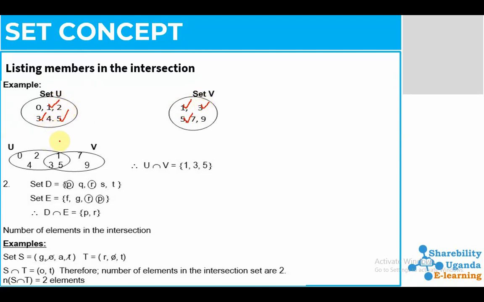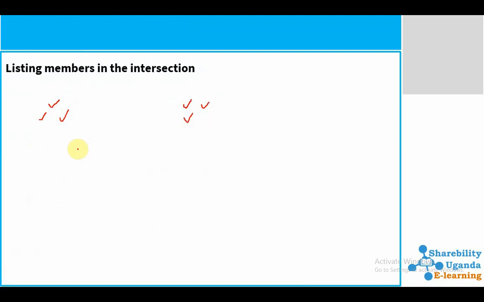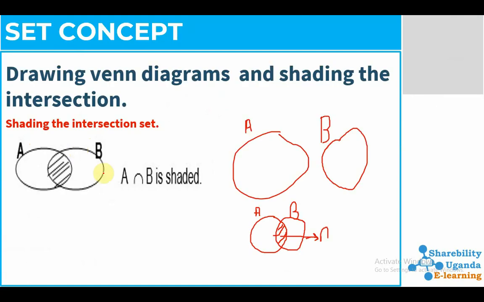So we shall be able to draw our Venn diagram. In drawing our Venn diagram, we shall be able to list those members which are in our set U and our set V. Okay, so like when we talked about this, we said in drawing the Venn diagram, you get your whole set and join them together.